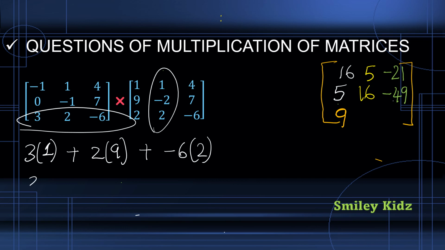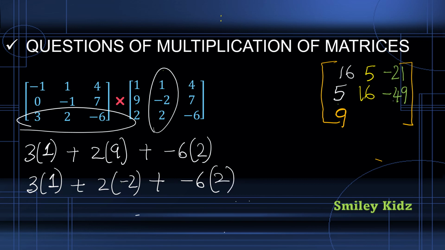That is going to be 3 into 1 plus 2 into minus 2 plus minus 6 into 2. Now this is going to be equal to 3 minus 4 minus 12. This is minus 1 minus 12, which is minus 13. So here you're going to have minus 13.